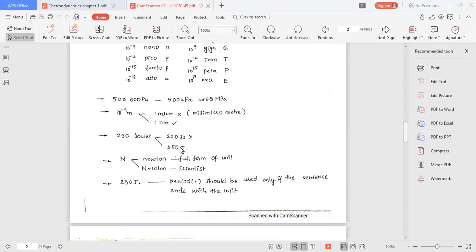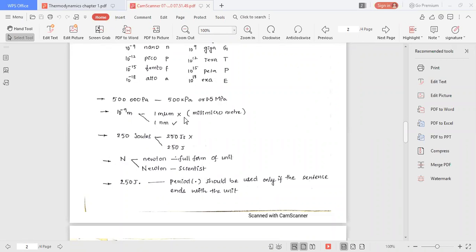Next, Newton you can write in two ways: starting with small n and capital N. Which one refers to which? If you write small n in Newton, it refers to the full form of the unit. If you write capital N, it is the scientist's name.